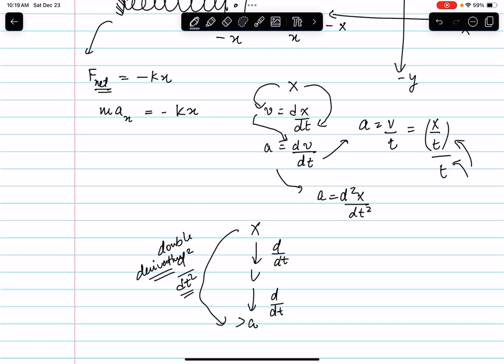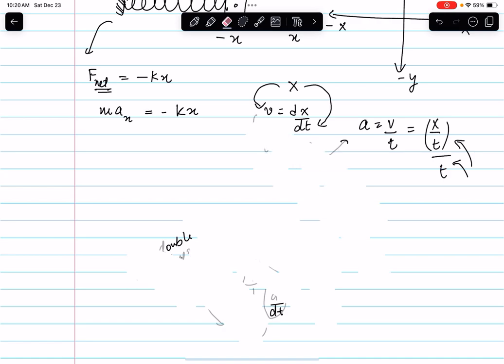And I explained this in one of the previous videos, so you just need to know that in a displacement time graph, if you take the gradient, you get the velocity, right? You would have learned that the gradient of a displacement time graph gives you velocity, and the gradient of a velocity time graph gives you acceleration. And so that's where these differentiation notations come from, okay? It's related to differentiation and gradients.